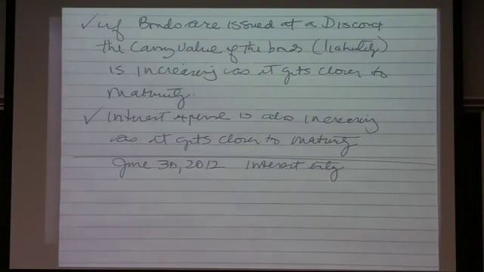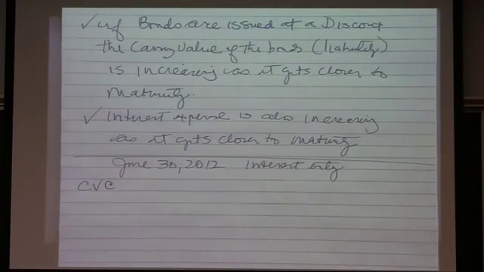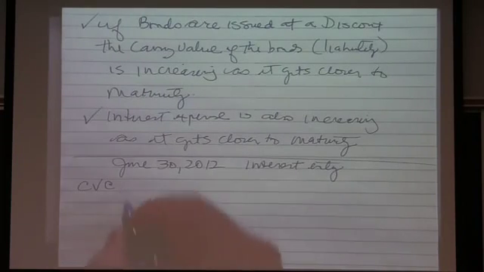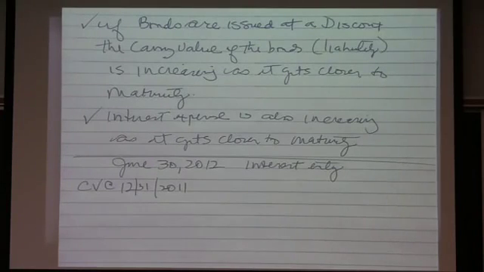Okay, so let's say that was the next part of the question, we're asked to calculate the interest for the June 2012. How do we calculate that? Well, first we need to calculate the carrying value from the last time interest was paid. In this case, the carrying value would be December 31st, 2011, because that was the last time interest was paid. Right? So to calculate the interest for the 6 months ending June, we have to figure out what our liability was as of December 2011.